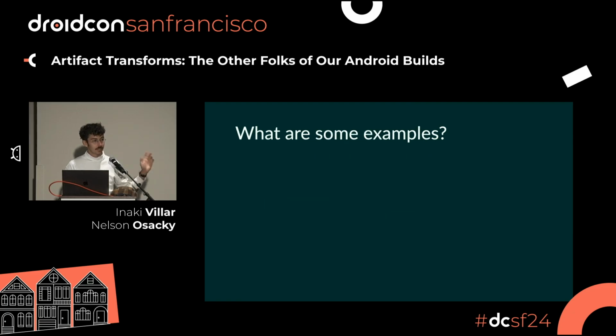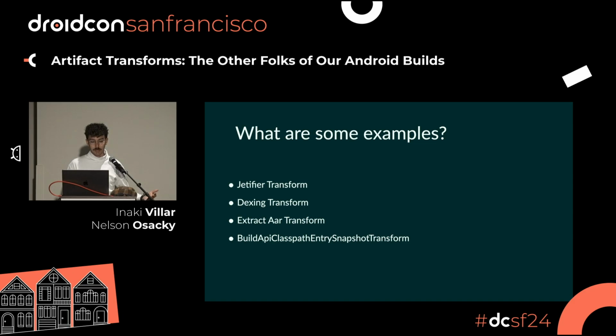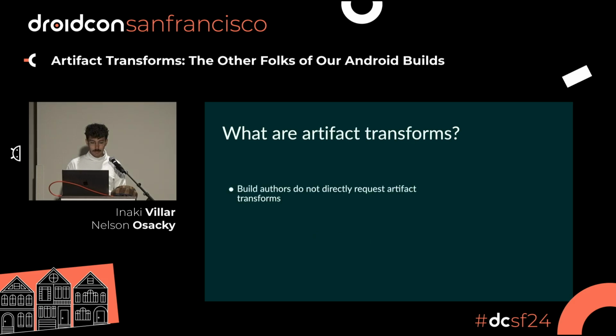Some examples in the Android ecosystem include the Jetifier transform, the dexing transform, extract AAR transform, build API classpath entry snapshot transform. We're going to get into more of the details of what these do, but for now, some more details. So build authors do not directly request artifact transforms.